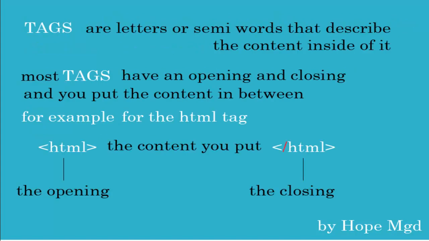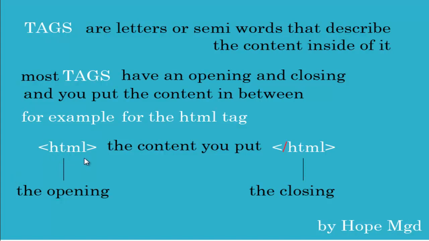Well, tags are letters, and sometimes they are semi-words that describe the content that you want to put in your document. Most tags have an opening and a closing tag, and you put the content in between. For example, the HTML tag has an open HTML tag like this.